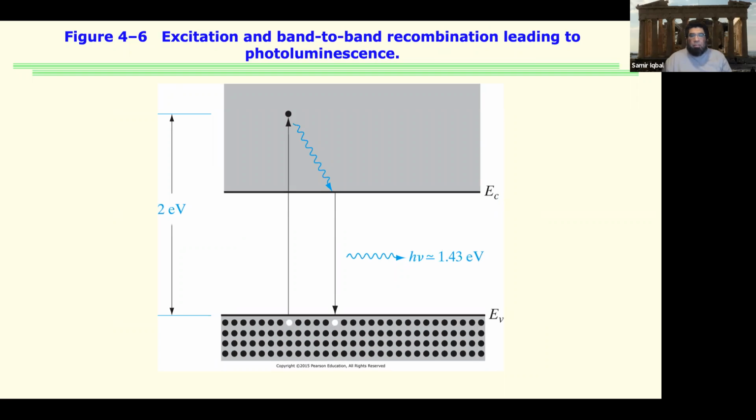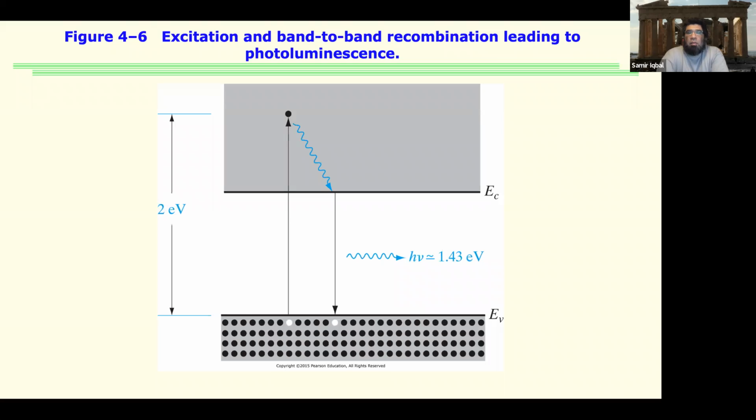If we sum it up, you can have a wavelength which gives 2 electron volts to an electron, so it jumps way up, but after it goes through the process of recombination, it would give a wavelength at a much smaller energy. So what does that mean?